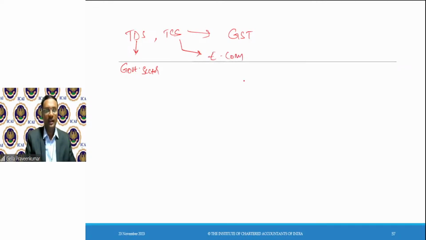Now, for collection of tax, there should be a proper database.